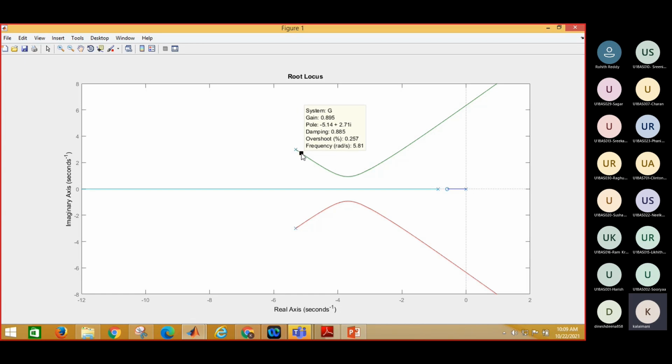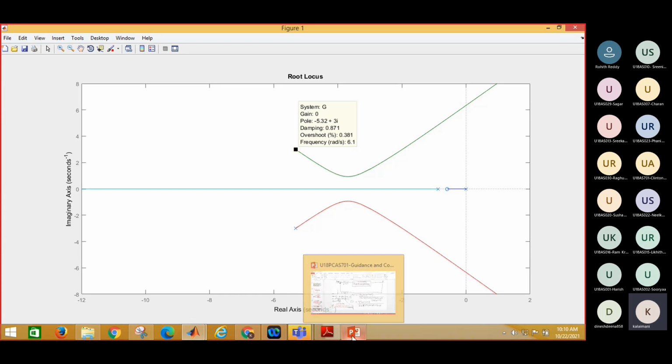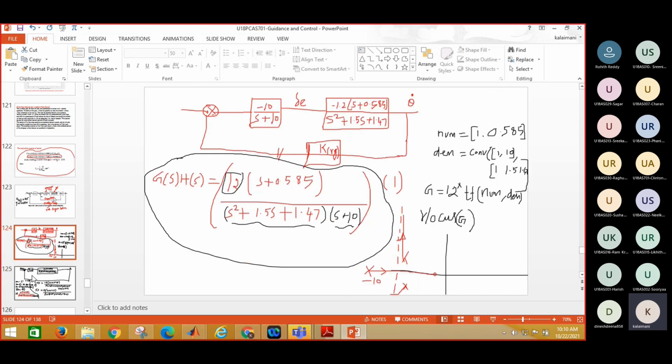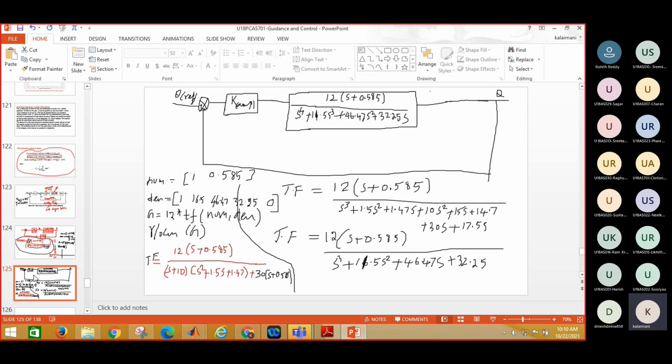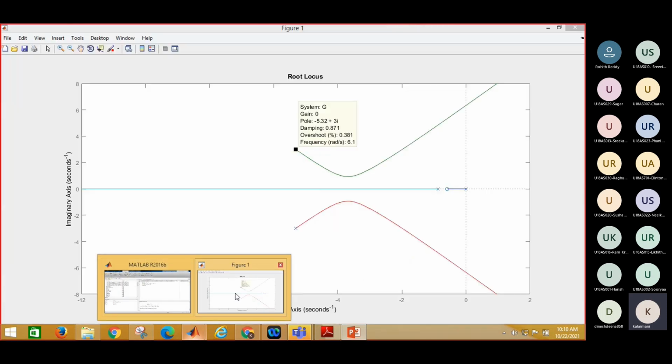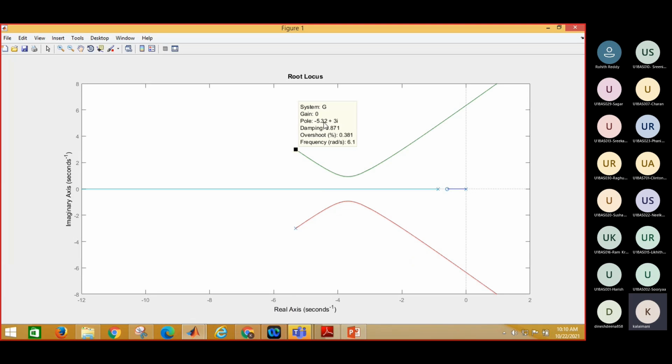Come along this direction. Initially, in the previous case, I selected the gain value as 2.5. That means the rate gyro sensitivity gain is 2.5, and my damping is 0.871. So if initially the gain is 0, the damping is 0.871.